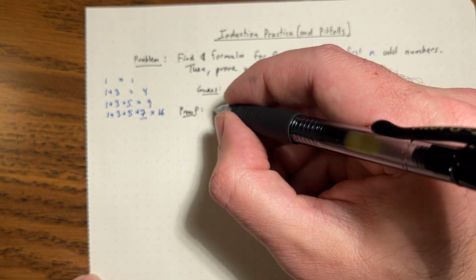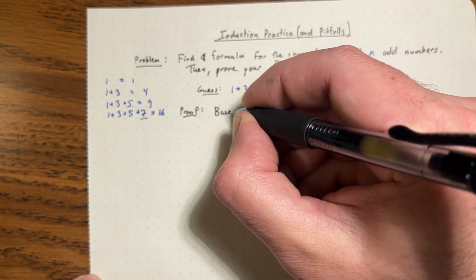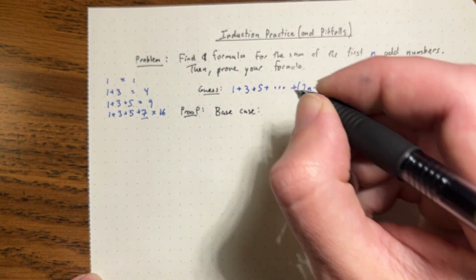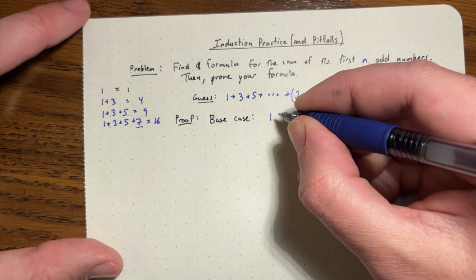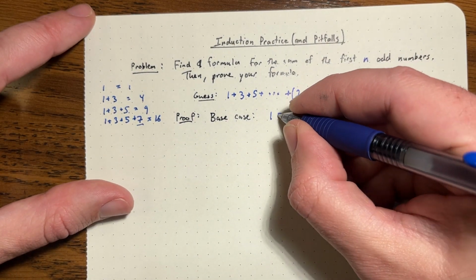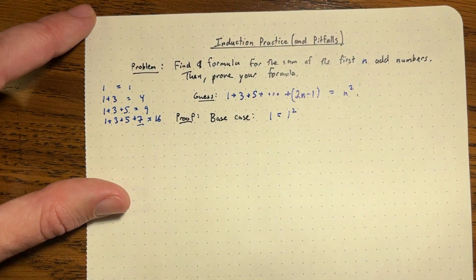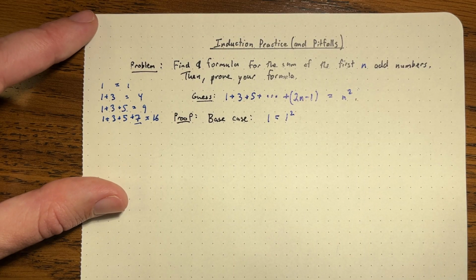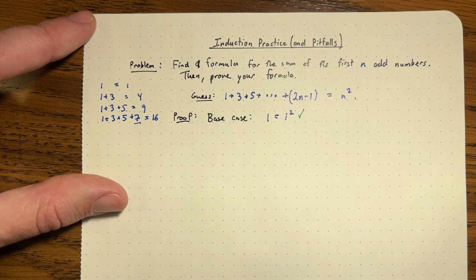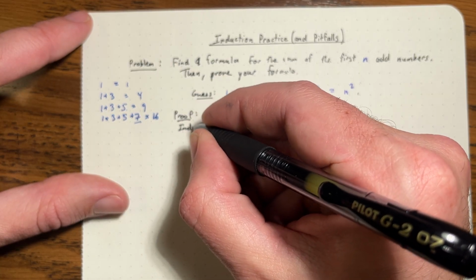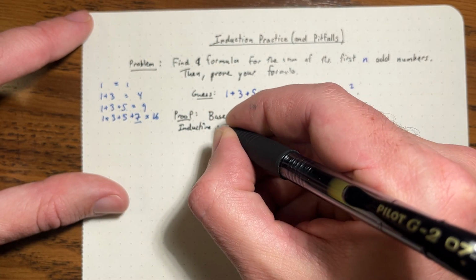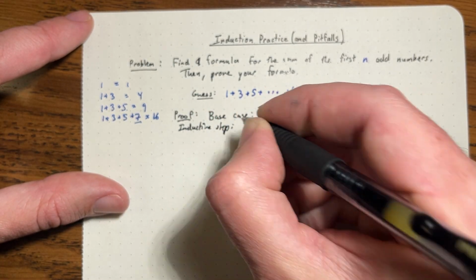What do we start with? We start with our base case, always. The sum of the first 1 odd number on the left, is that equal to 1 squared? Yes. Checks out. Next, we do the inductive step. And recall, what do we do in the inductive step?